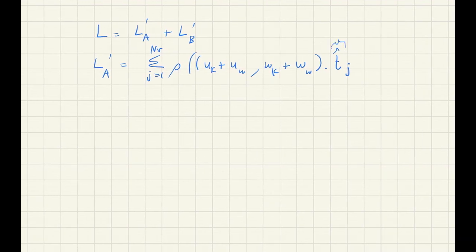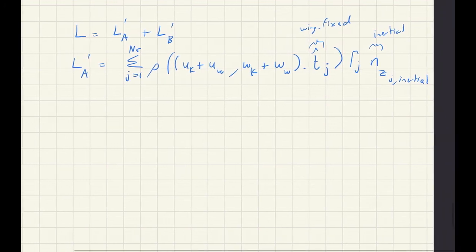So this is in the wing fixed frame because we haven't done the transfer to the inertial frame yet. Multiplied by gamma j, and then here this is the z component of the unit vector in the inertial frame. So I'm just going to say inertial.